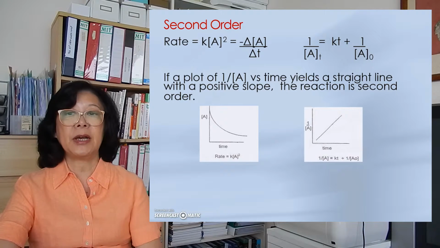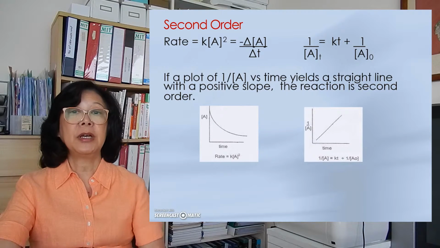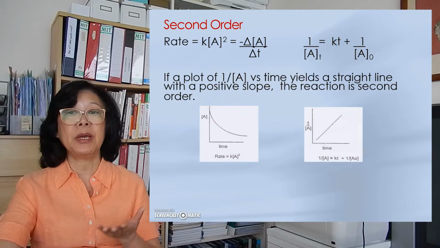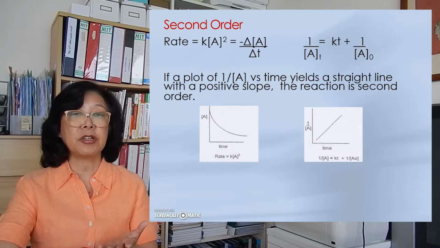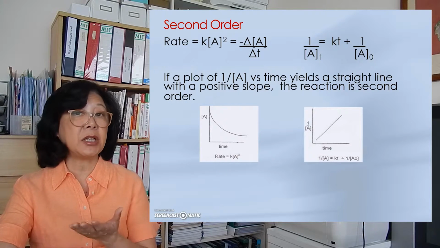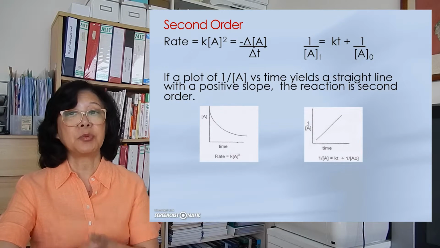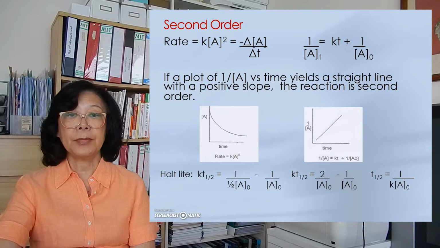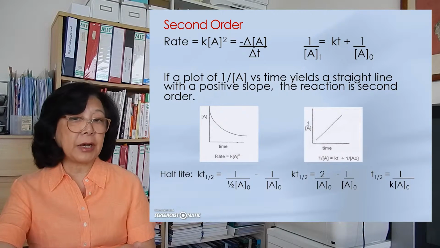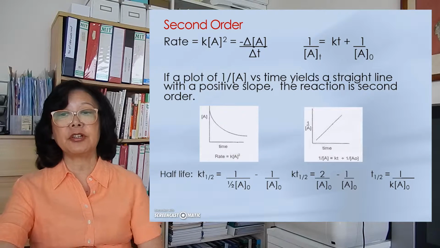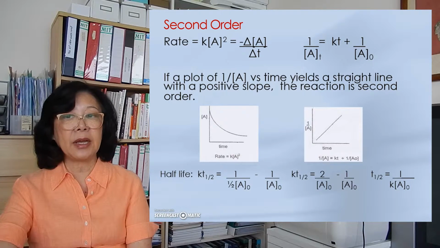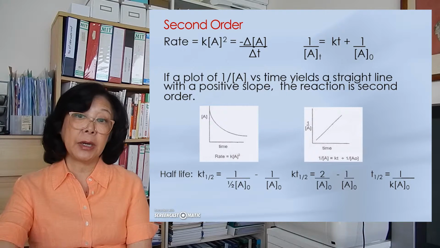This is a proof that it is a second order reaction, and therefore using the linear relationship we can derive the rate law being 1 over A concentration at time t equals kt, the positive slope, plus 1 over A concentration at time 0. And then we can further derive the half-life. You can follow my derivation. Half-life is equal to 1 over the rate constant k times the concentration of A at time 0.